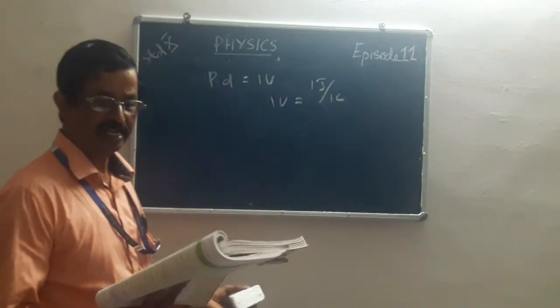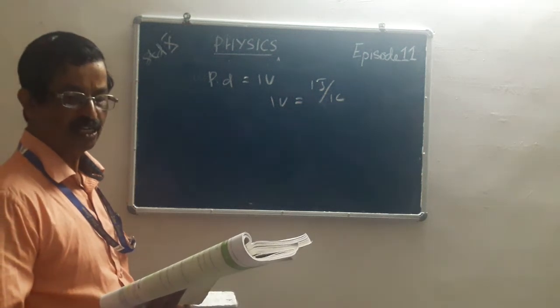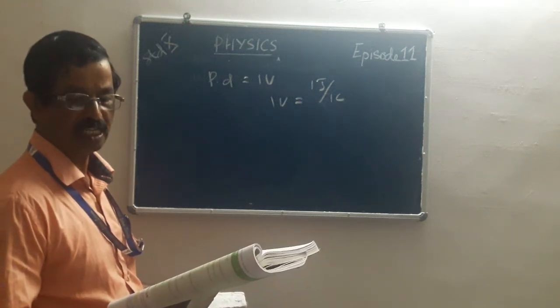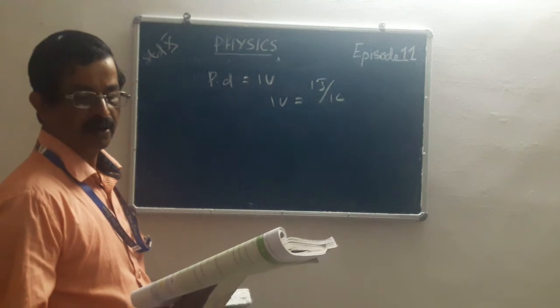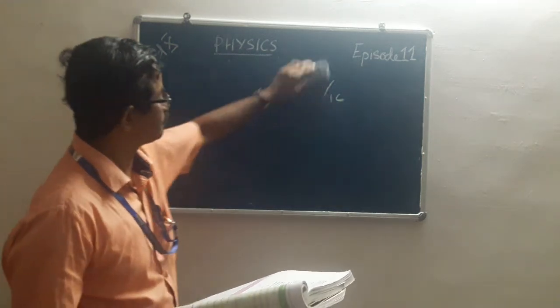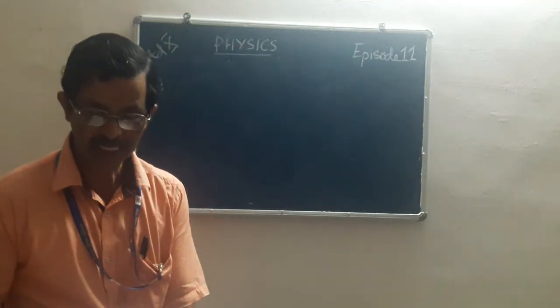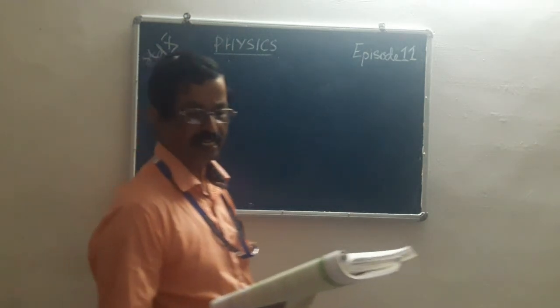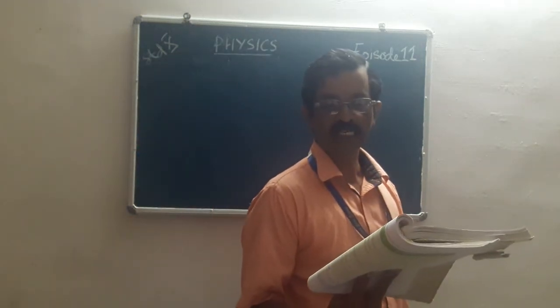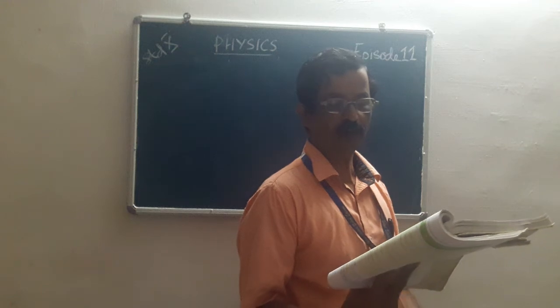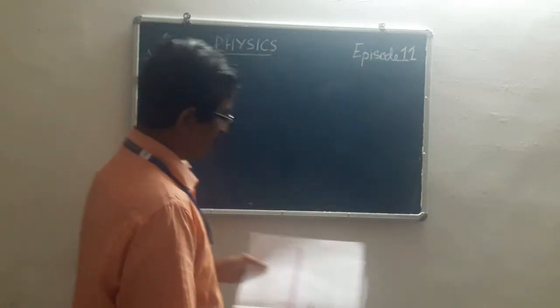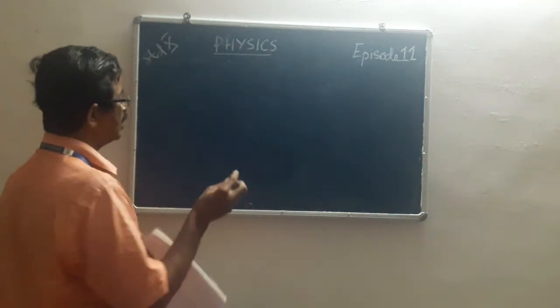Now, third question: how much energy is given to each coulomb charge passing through a 6 volt battery? How much energy do we want to find out?